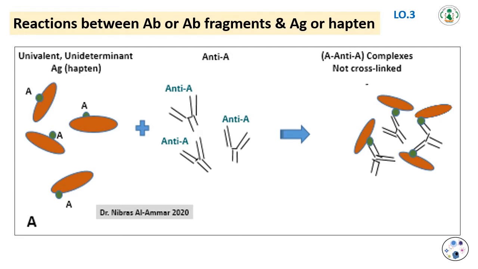Unideterminant antigen has one single type of antigenic determinant, or epitope. For example, the antigen has only epitope A here in this diagram.